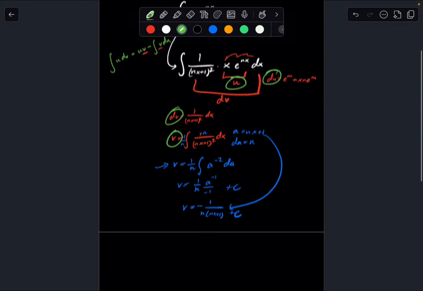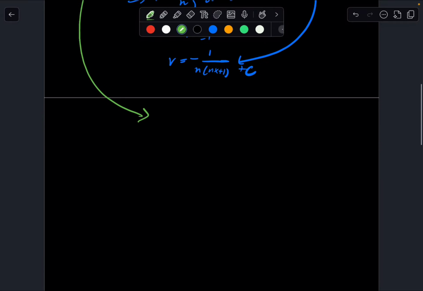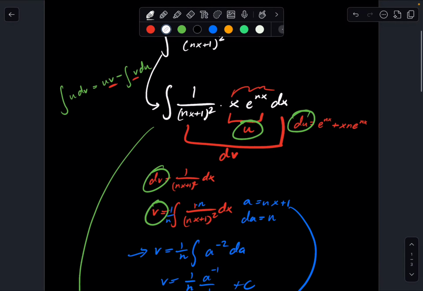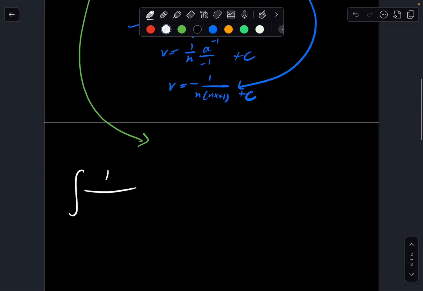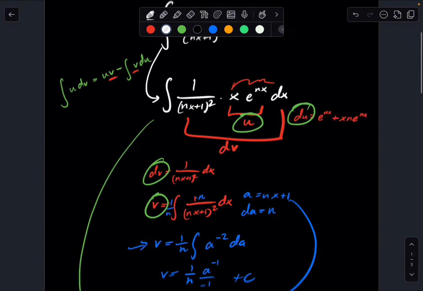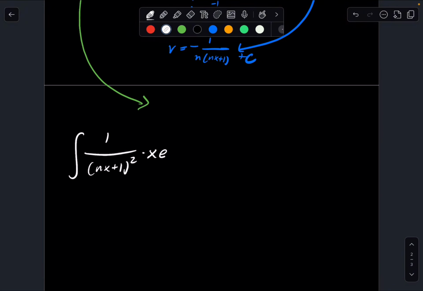So we're ready to do integration by parts. Now, let me move this down. What do we have here? We have the integral of 1 over nx plus 1 squared times x e to the nx dx.